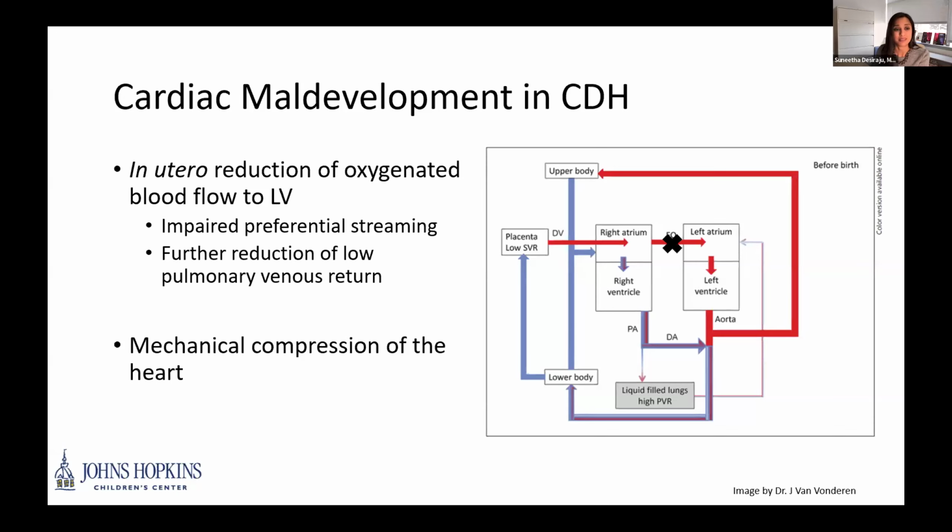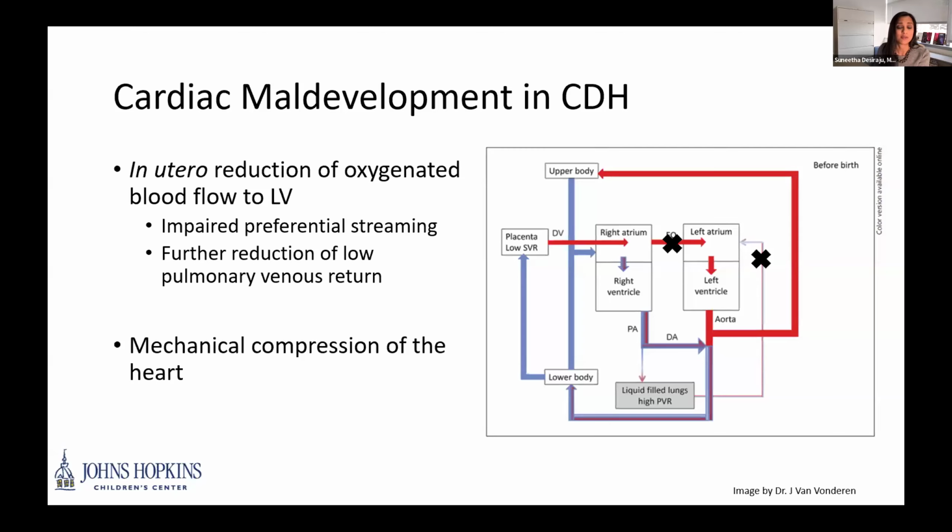This process is impaired in CDHs due to so much anatomic distortion in utero that interrupts this process. The second change in CDHs is that there's less pulmonary venous return to the left atrium. Now, even in typically developing babies, there's very little pulmonary venous return to begin with.